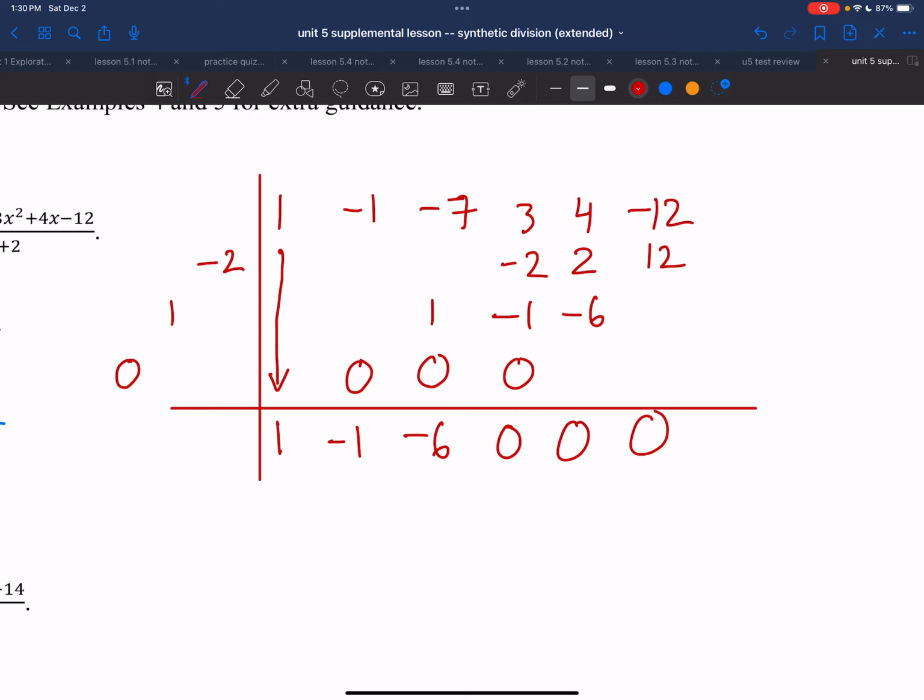And now this is where you still have to be more careful. This is no longer the remainder. It's a tad different. I mean, it's part of the remainder. But when you just divided by a linear, the only remainder you could ever have was a constant.